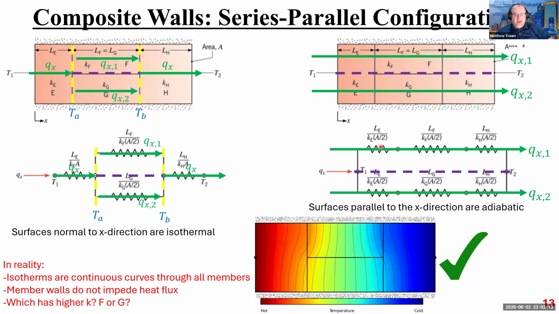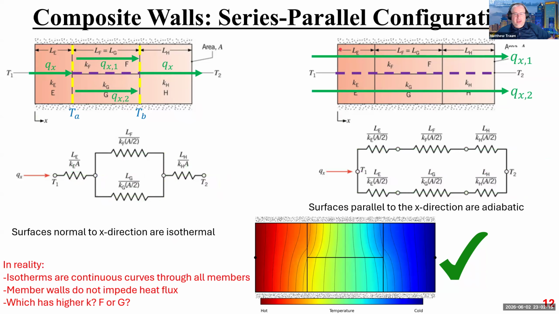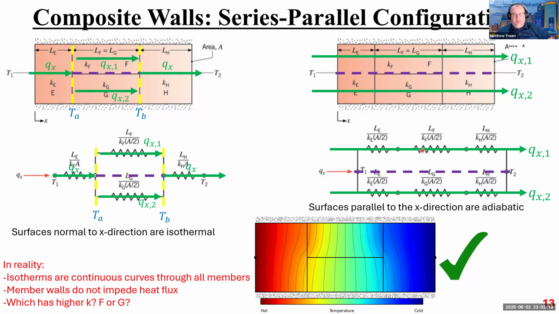And then here, same story. We have heat flux, adiabatic line, heat flux, and then here, boom, heat flux through the resistors, adiabatic line, heat flux through the resistors on the bottom, right? So just to point out that what you're seeing in the physical composite wall is analogous to what you're representing in the circuit in terms of the heat fluxes, the isotherms, and the adiabatic lines.